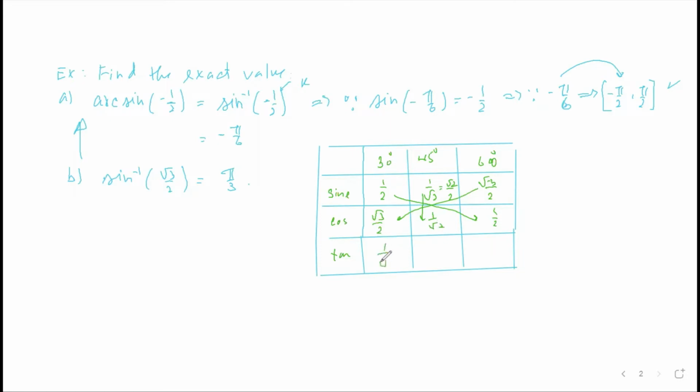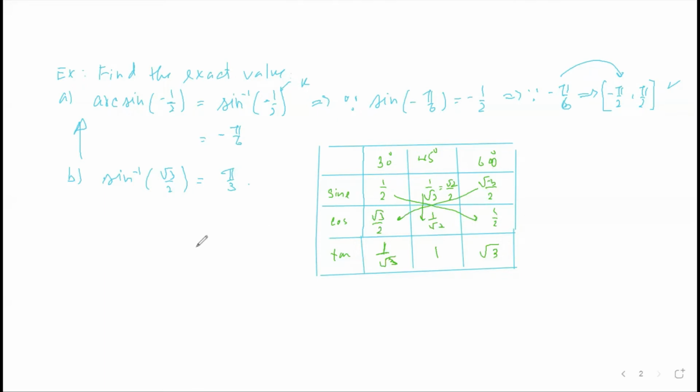For tangent: 1 over root 3, 1, square root 3. Take the one on the top, like the next first one, and the bottom one to the next slot. So that is the table. You don't need a calculator at all. Even in an exam, you can use this right away.